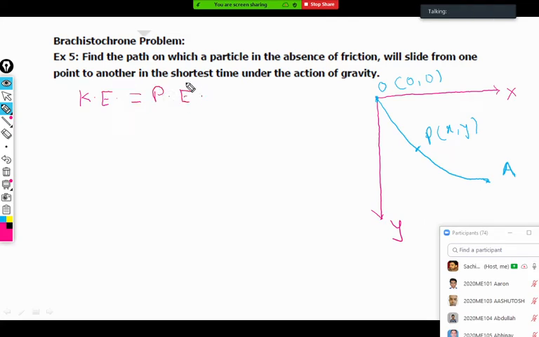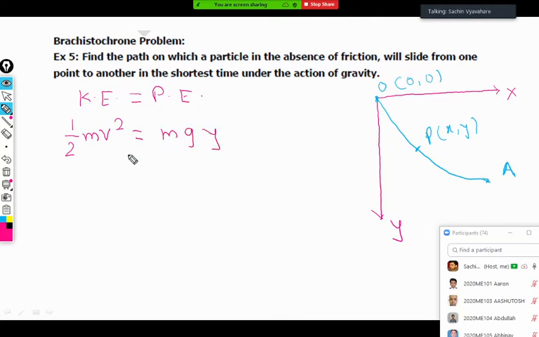Now, suppose m is the mass and v is the velocity. Kinetic energy is given as 1/2 mv², and as y is the distance covered by the particle below the x-axis, the potential energy is mgy.